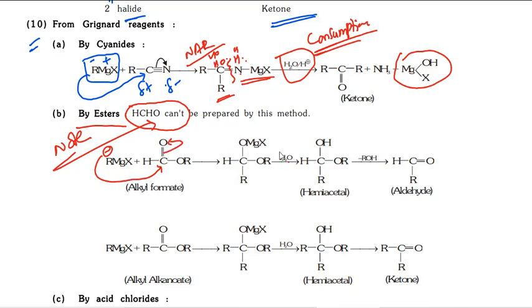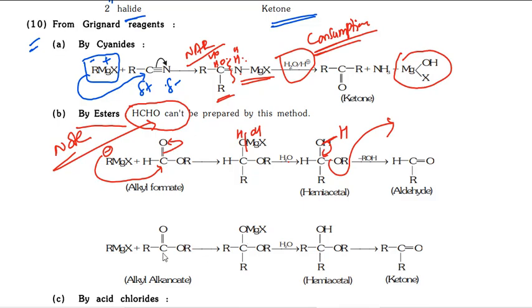Then by hydrolysis, here H and OH. This OH is there. Then further I can write this OH like this. This OH is coming back. This OR is a good leaving group. The OR is leaving.